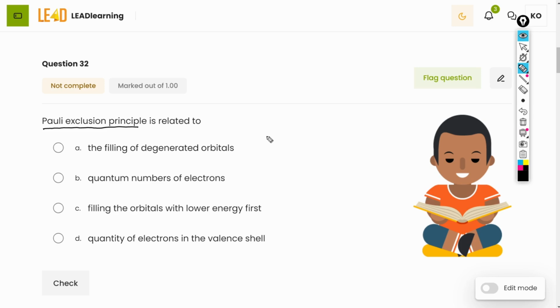Now Pauli's exclusion principle states that no 2 electrons occupying the same energy level or orbital will have the same values for the 4 quantum numbers.